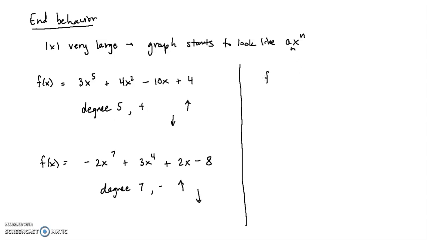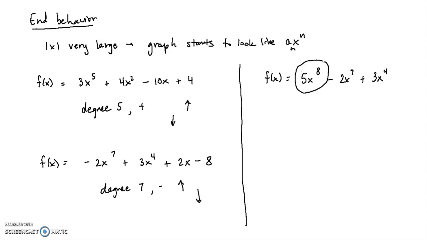All right, and let's look at another one. Let's say we've got f of x equals 5x to the 8th minus 2x to the 7th plus 3x to the 4th. Okay, so again, when x gets really, really big, it's the first term that's going to dominate. So we're looking at the power function 5x to the 8th.